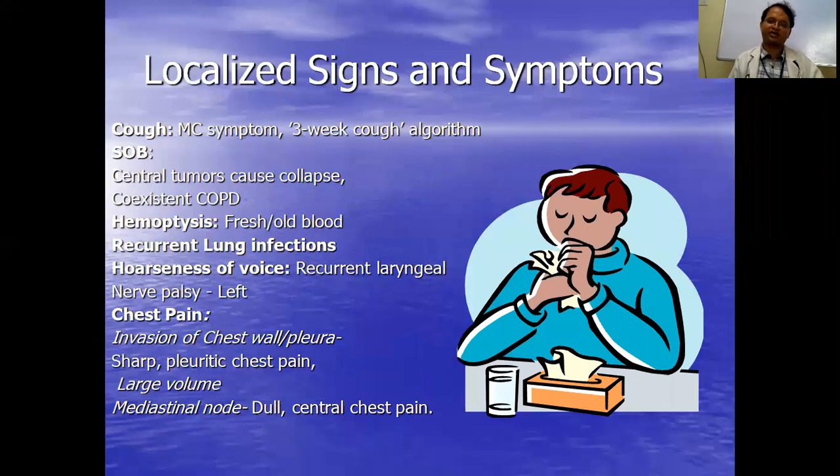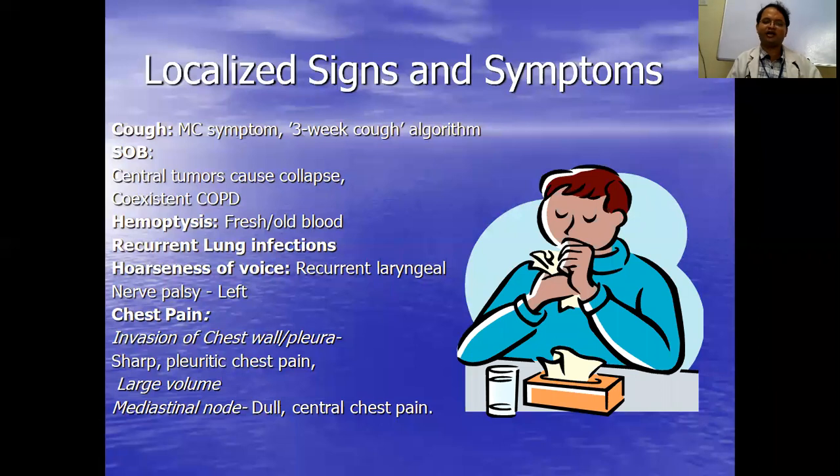Coming to the signs and symptoms, because of the localized action of the cancer, the most common symptom is cough. Most of the patients who are suffering with lung cancer come with the presenting complaint of cough. Not only cancer, in many of the pulmonary diseases, the most common symptom is cough.